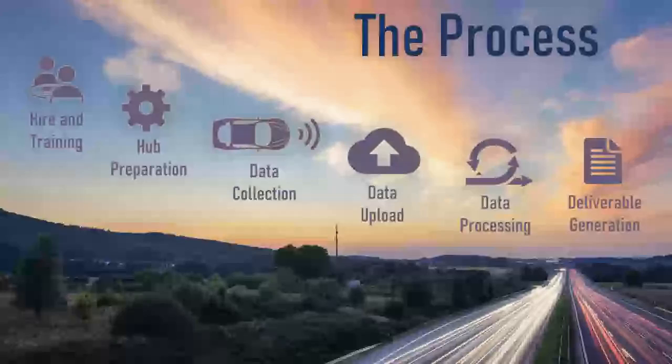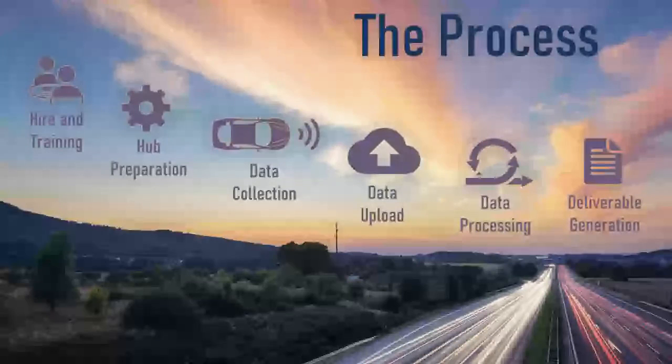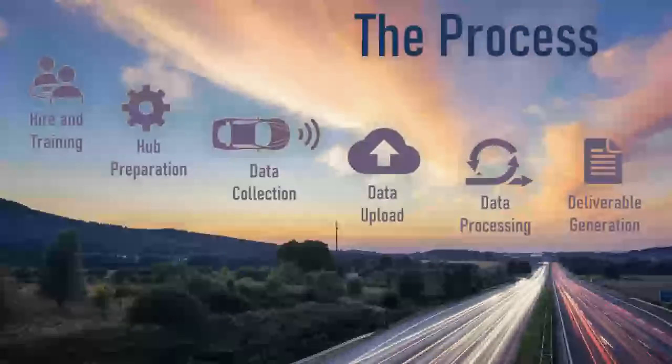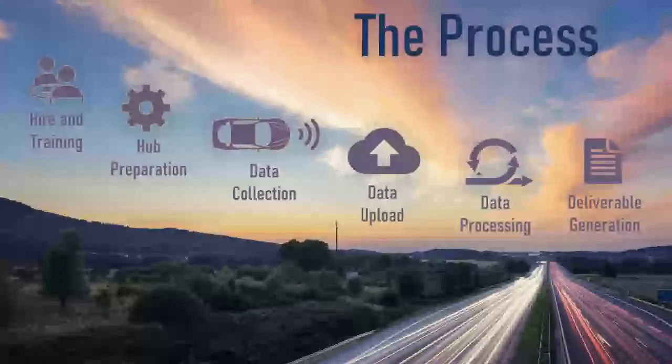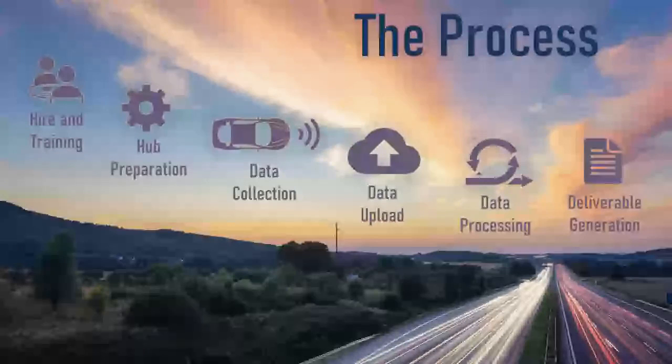Hub preparation is really just using your DOT lots or district lots. You can use storage units to store the vehicles. But the main reason we do that is that we have found that one of the areas in which the equipment can fail is the wire connections.